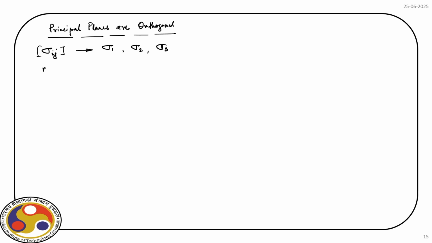Okay. So, let us define the first principal direction n1 as nx1, ny1 and nz1, and n2, the second principal direction, as nx2, ny2 and nz2. Okay.